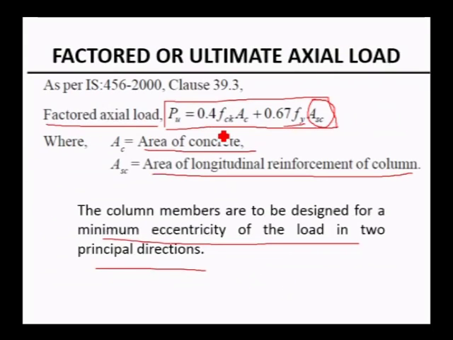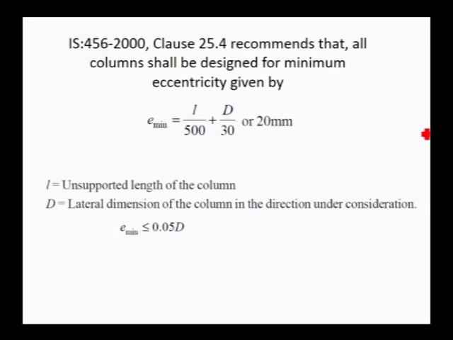Factored axial load Pu is equal to 0.4 fck Ac plus 0.67 fy Asc. You should note down that this formula is available in IS 456:2000 clause 39.3. This clause is very important, and also for this minimum eccentricity, it is IS 456 clause 25.4, where you will get this minimum eccentricity.